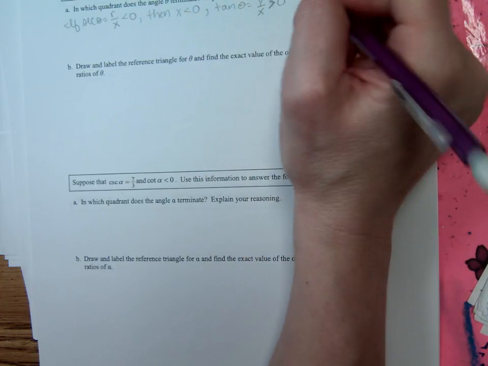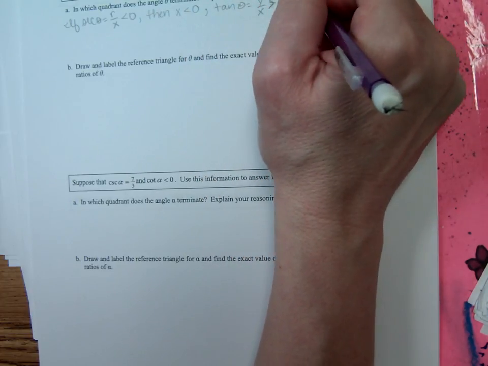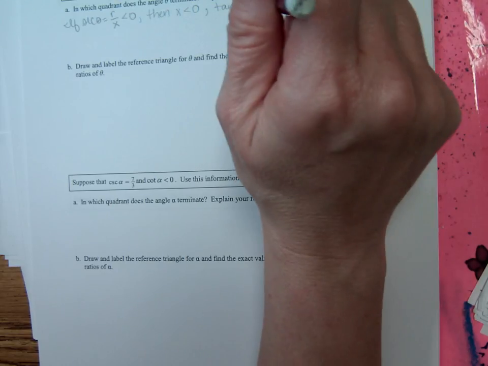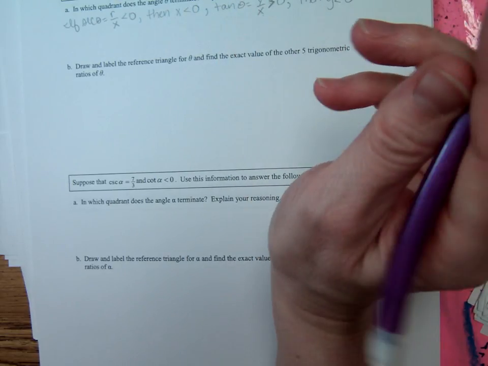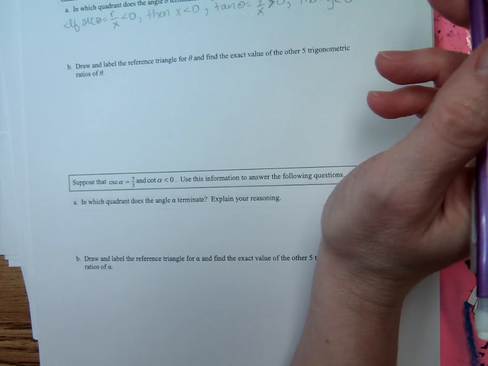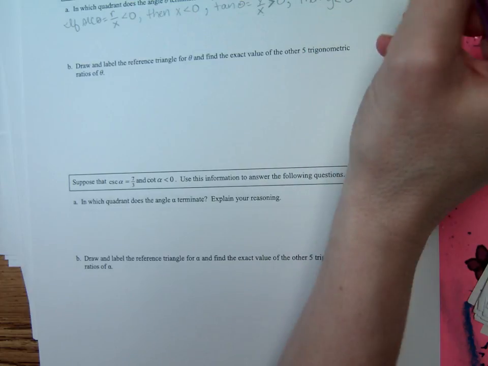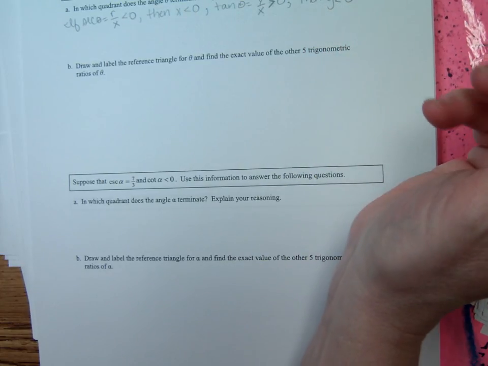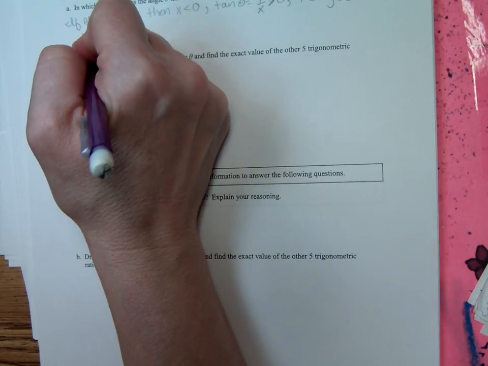If that's the case, then y also has to be negative, because the only way I'm getting a positive out of this is if it's a negative divided by a negative. Okay? Well, this is because x is less than 0. So it terminates in 3.